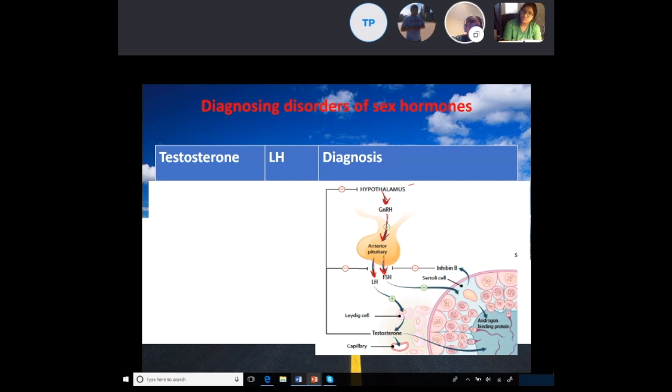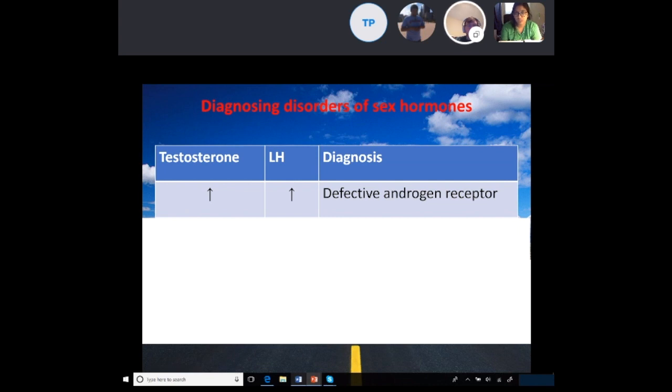So LH's job is to activate Leydig cells to secrete testosterone, which is supposed to hit its target organ and then do what it does. Whereas FSH is supposed to stimulate Sertoli cells, which stimulates inhibin B and androgen binding protein. Now, testosterone is its own feedback mechanism at LH and the hypothalamus, and inhibin B is its own feedback mechanism on FSH. So that's the nitty-gritty, and we'll go into some of these disorders now.